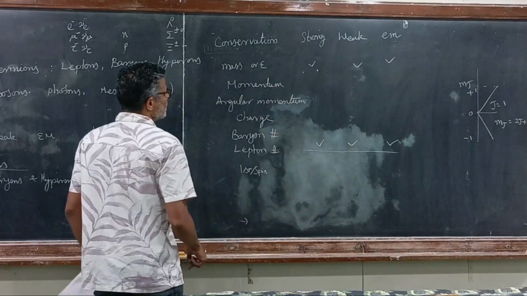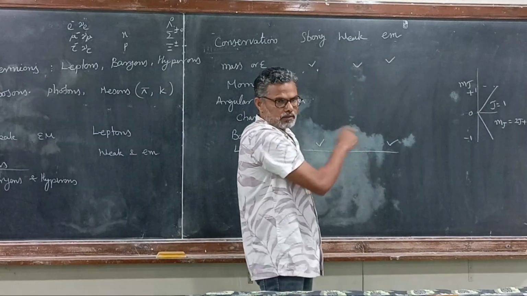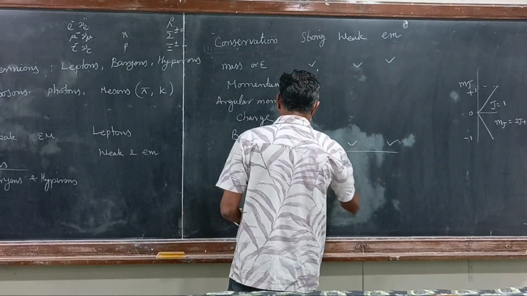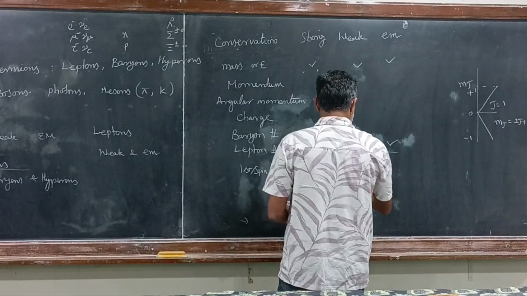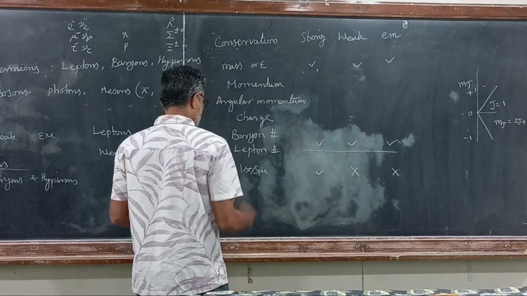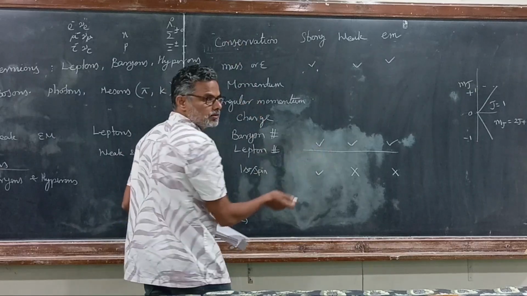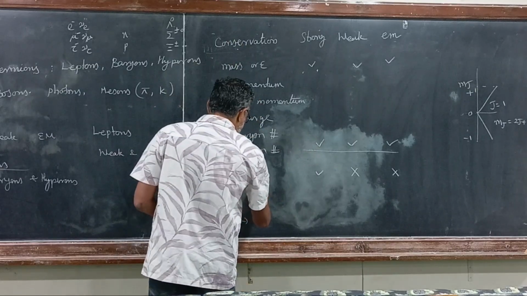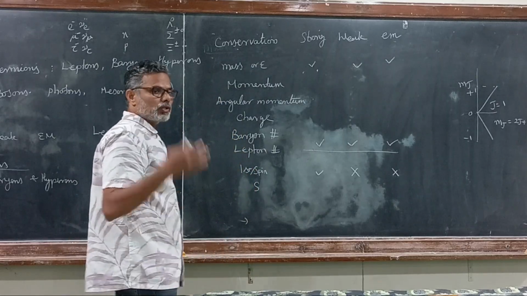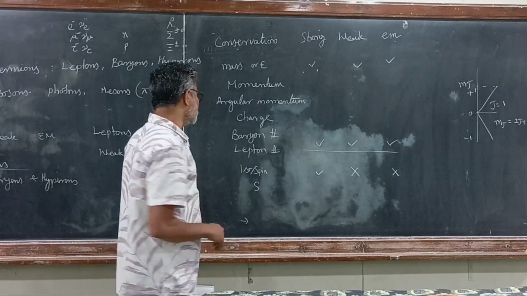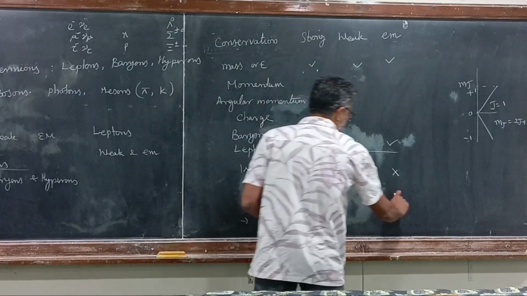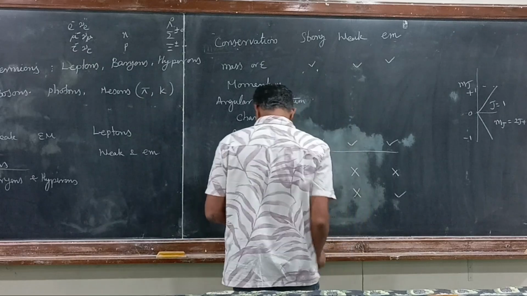Okay. And similarly, this isospin is the third component of the angular momentum, I3. And this I3 will be satisfied only for the strong, whereas in the case of weak and electromagnetic, it's not going to be conserved. This is the conservation clause. Okay. And the strangeness is defined as something based on the quantum number. This is a behavior, and the strangeness is satisfied for these and not for these.